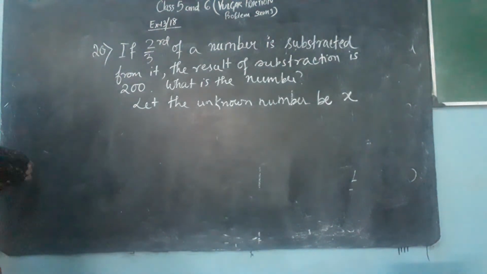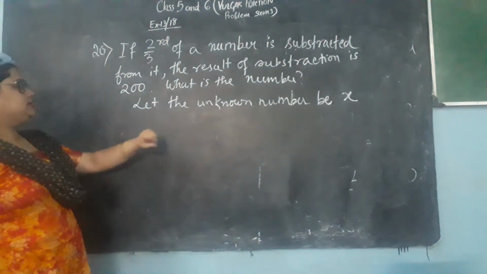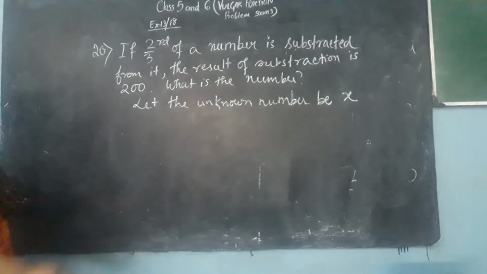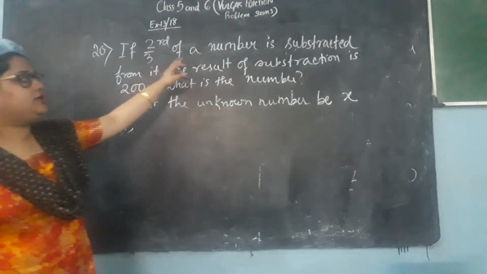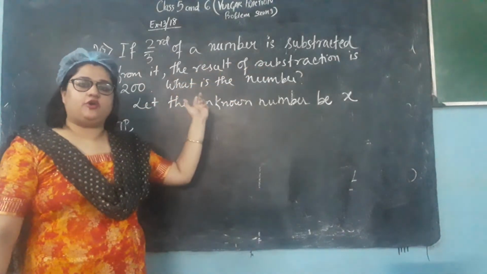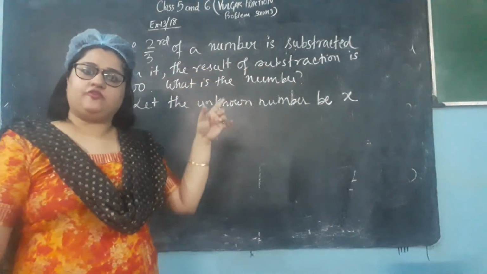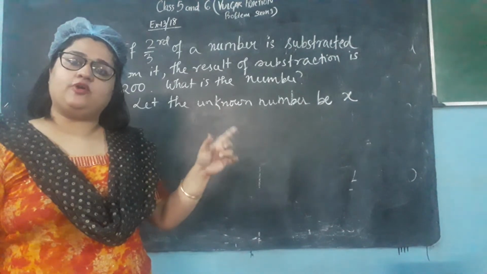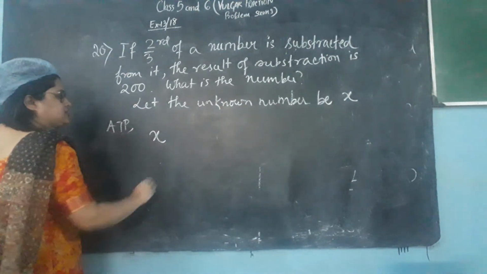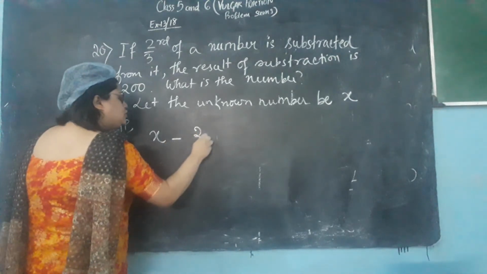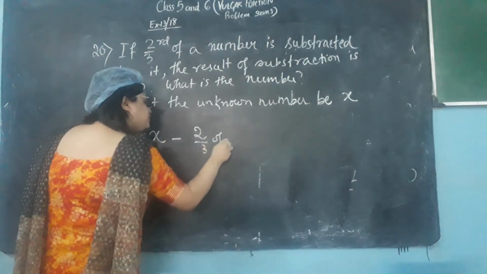Now what is given according to the problem? If 2/3 of a number is subtracted from it, so 2/3 of x is subtracted from x. So from x we are subtracting 2/3 of the same number.